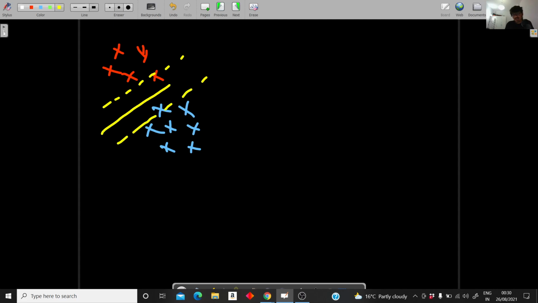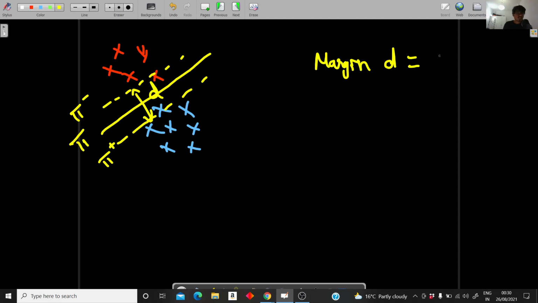Again, I'll quickly plot the points, and always consider these are the same thing that I'm trying to plot, even though I can't replicate it the exact same way every time. So let's say this is our separating plane pi, and pi minus and pi plus. Let's say this is a distance D, the margin is D, and at the end what we want is to maximize this distance.